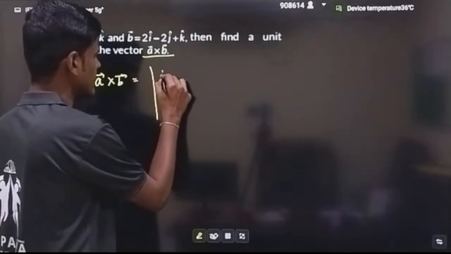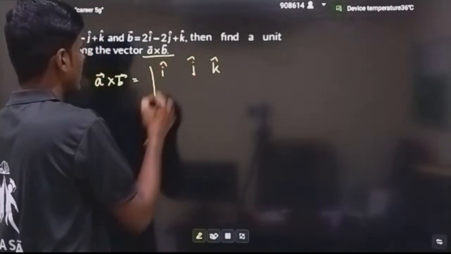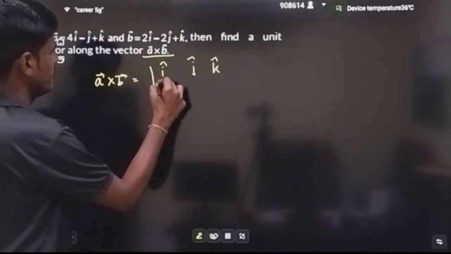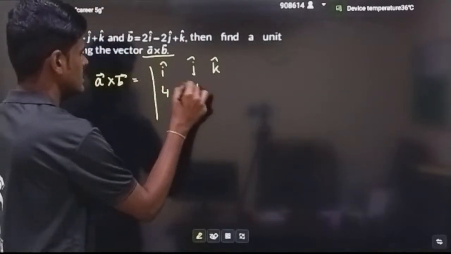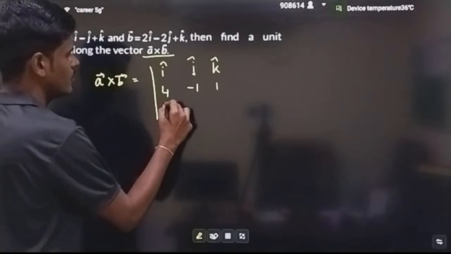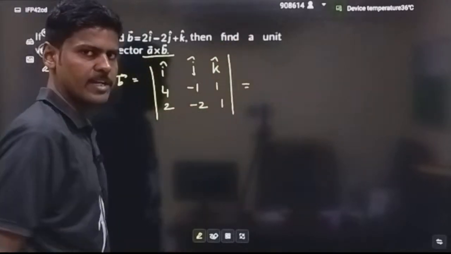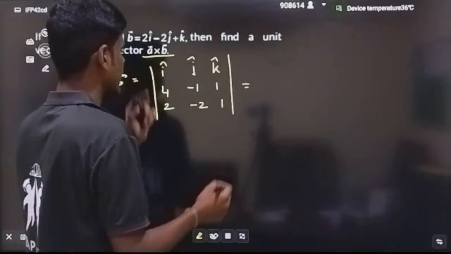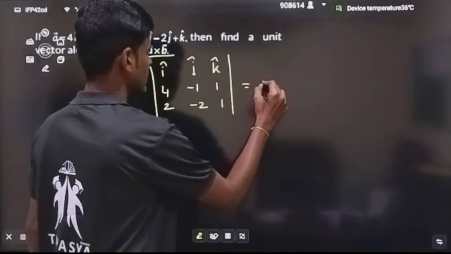What is a cross b? It is defined as determinant of ijk. And what is a vector? 4. Write the corresponding components. Minus 1j plus 1k. And for b vector, 2, minus 2, 1. Now what is the value of this? Obviously I cap into minus 1 plus 2, that is plus 1.